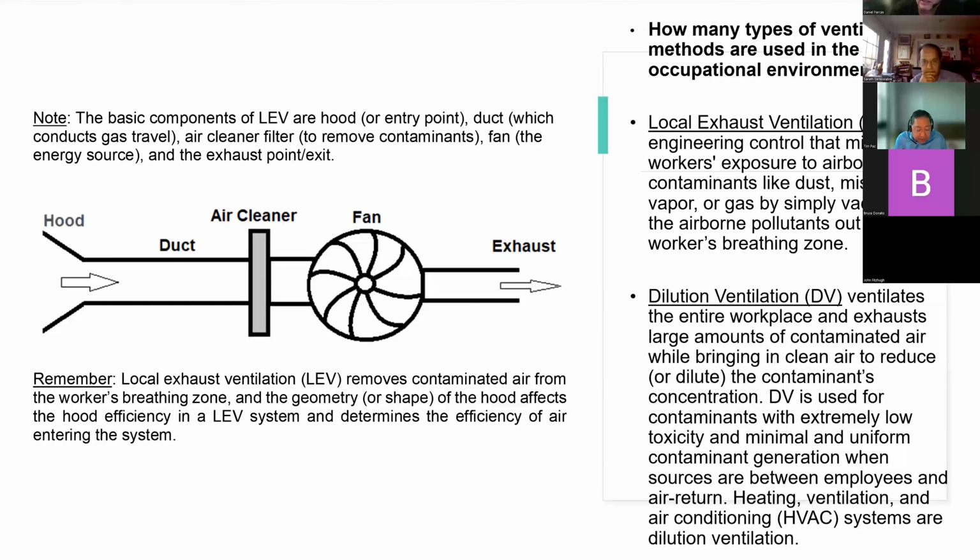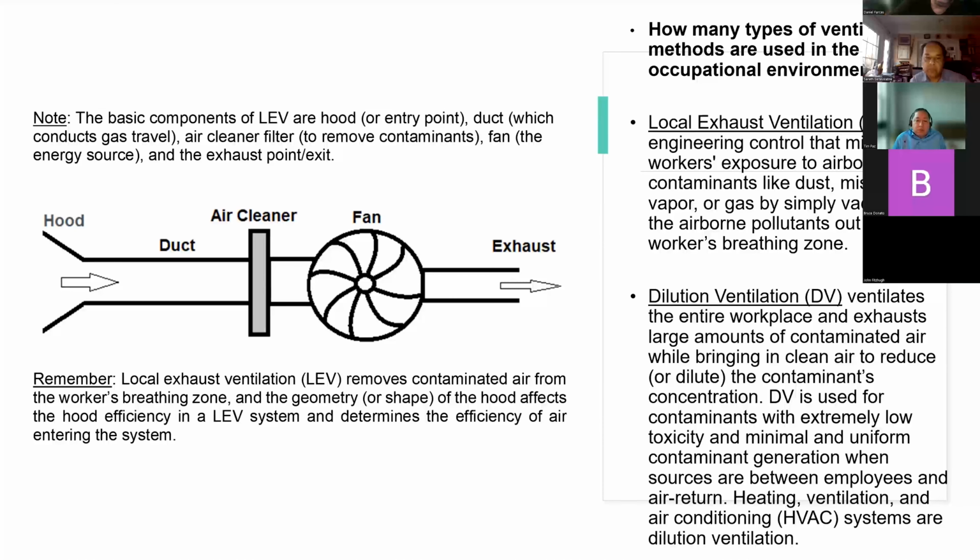You have to take in a lot of air, and if it's hot outside you have to cool it down with air conditioning, or if it's really cold you have to heat it up before you bring it into the factory or working place, and you have to clean it, which means changing the filter many times. That's the most expensive option. Dilution ventilation is used for contaminants with extremely low toxicity and minimal, uniform contaminant generation, when sources are between the employee and the air return.